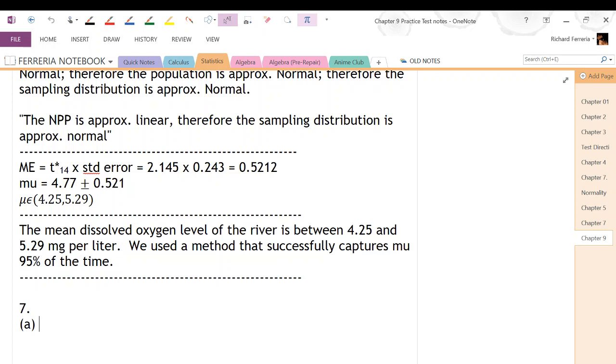What is it supposed to be? E, none of the above? Oh, good. Okay, yeah. None of the above. Remember, confidence level is a success rate.